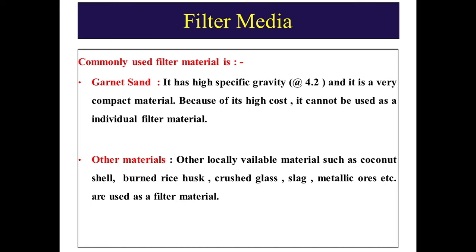It has a high specific gravity, about 4.2, and it is a very compact material. Because of its high cost, it cannot be used as a single or individual filter material. Other locally available materials such as coconut shell, burnt rice husk, crushed glass, slag, metallic ores, etc. are used as a filter material.